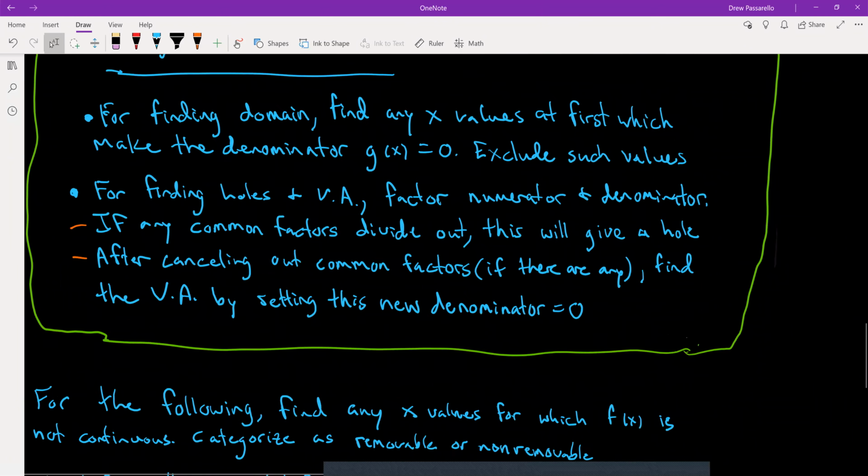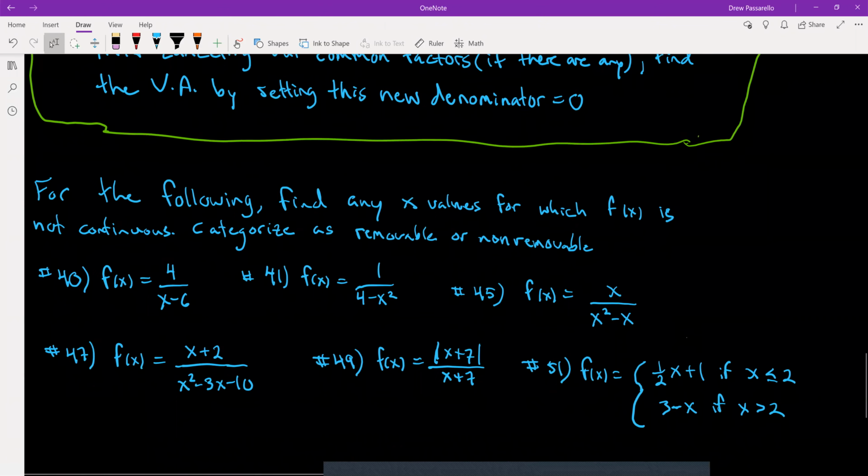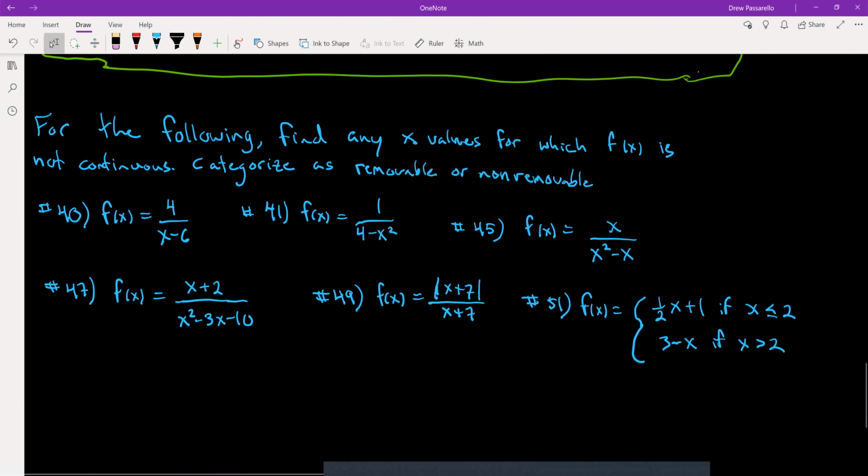All right, I'm going to apply this to the following problems. For the following, find any x values for which f of x is not continuous, and categorize as removable or non-removable. Number 40, f of x equals 4 over x minus 6.